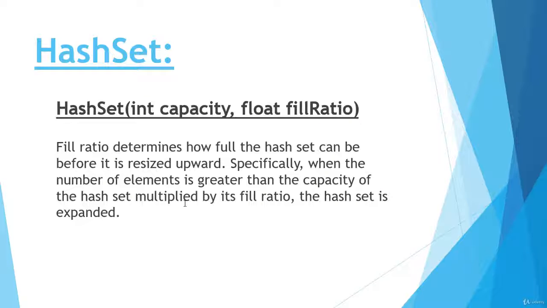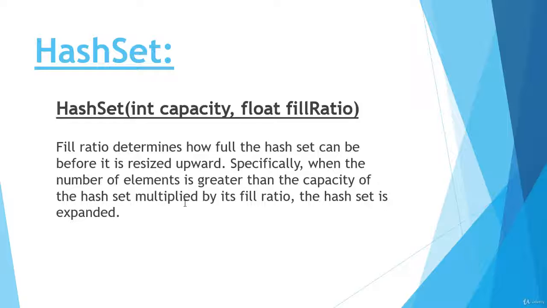Now this is the fourth type of constructor of the HashSet. You can see the parameters: int capacity and float fill ratio. First you give the initial capacity and then the fill ratio. The fill ratio determines how full the HashSet can be before it is resized upward.